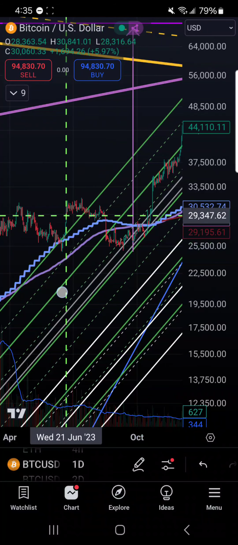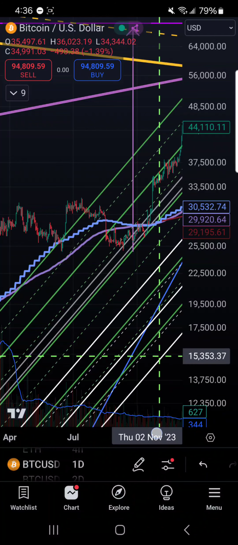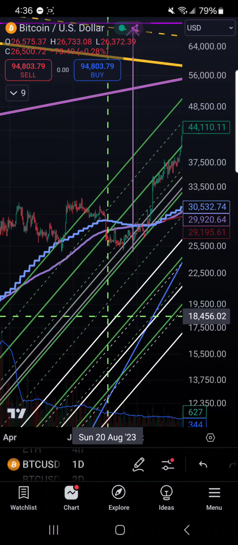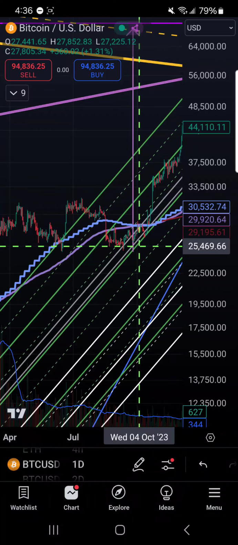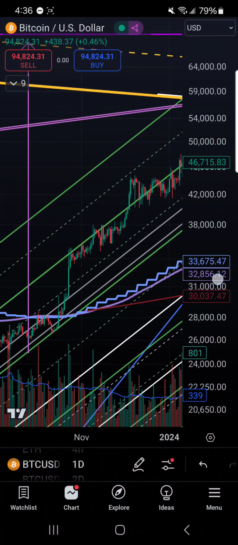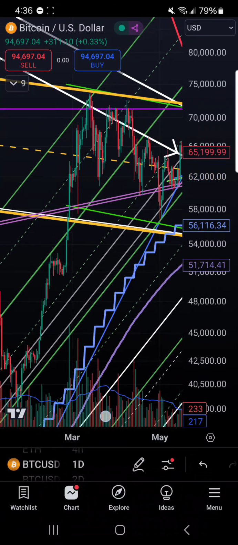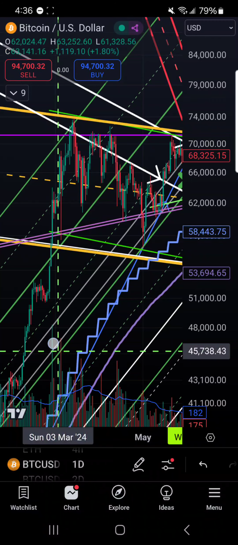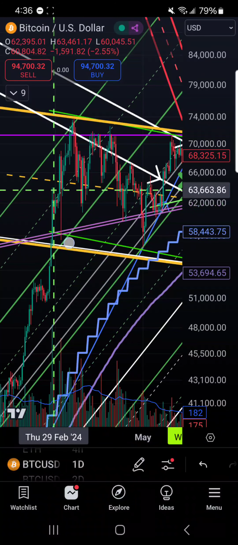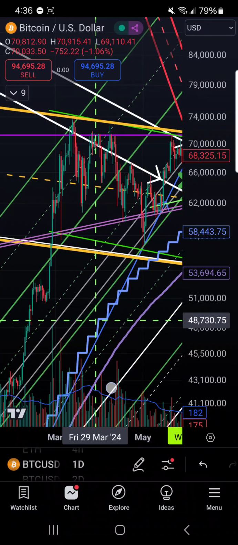These are all perfectly parallel with one another. Some are green, some are yellow, and they're offset a little bit, but they're all going the same direction. So since September 2023, we've been trading upwards in these channels, clearly hitting the bottoms and tops of these channels as support and center lines as well.